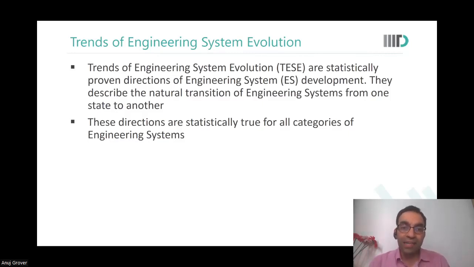And statistically true also means that this will happen, but in what time frame it will happen, you also do not know. So you can estimate, but there is a confidence interval that we're talking about. We should not consider them as gospel truths. Is that okay? So this is a disclaimer. Before even introducing the subject to you, this is a disclaimer. You don't consider this to be gospel truths. Use these as directions for your ideation process.